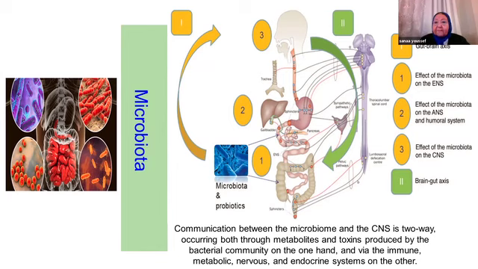So eventually, what happens in the gut-brain axis is the effect of the microbiota on the enteric nervous system. In your GIT resides the second biggest nervous connection after the brain, through the enteric nervous system and also the autonomic nervous system.